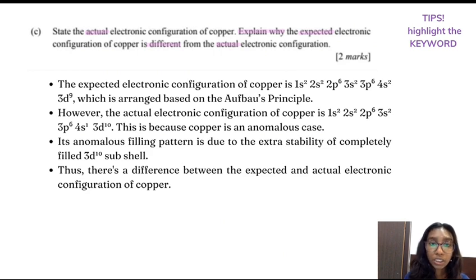This is because copper is an anomalous case. So we know that copper and chromium are both anomalous cases. In its anomalous filling pattern, it is due to the extra stability of the completely filled 3d10 subshell. Thus, there is a difference between the expected and actual electronic configuration.